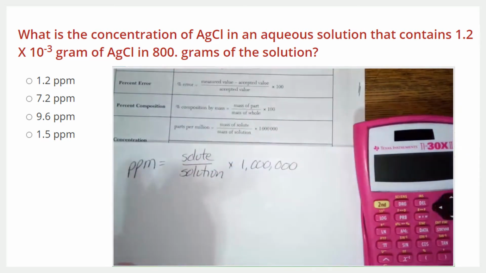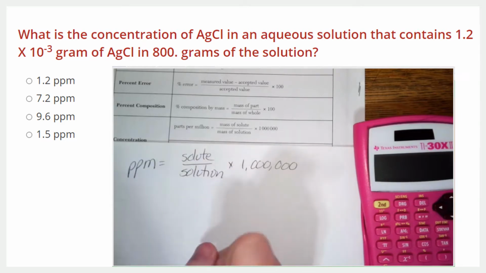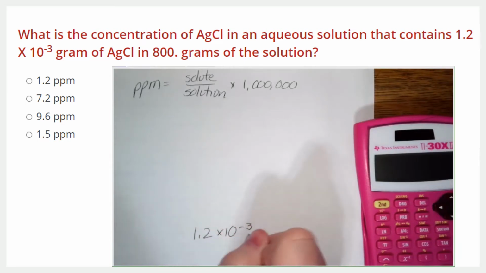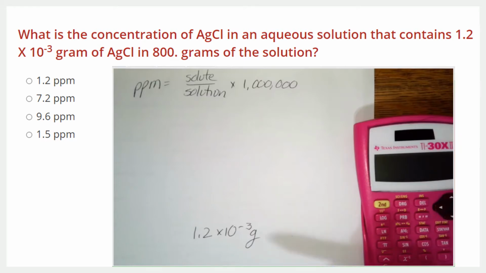All right, so I need the solute. Well, the solute is that AgCl, but I'm gonna go down here for a moment. It says 1.2 times 10 to the negative 3 grams. Now, I could use exponents on the calculator. Personally, I'm just going to take it out of scientific notation.